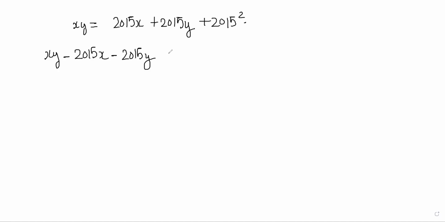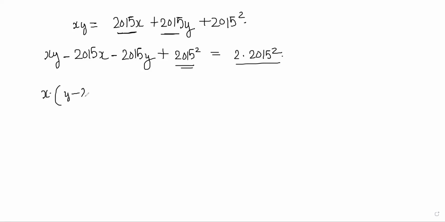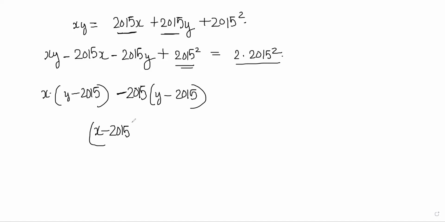I have taken this term to the left hand side and I have added a 2015 square and made it 2 times 2015 square here. Why? Because this will help me factorize x common (y minus 2015) and minus 2015 common (y minus 2015). So we are getting (x minus 2015) multiplied by (y minus 2015) is equal to 2 times 2015 square, right?